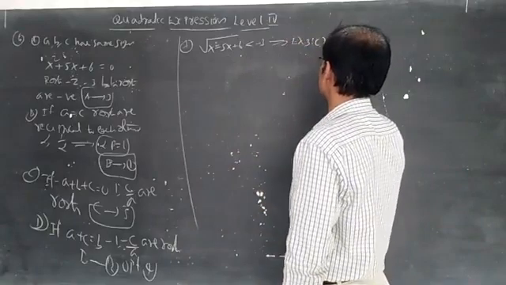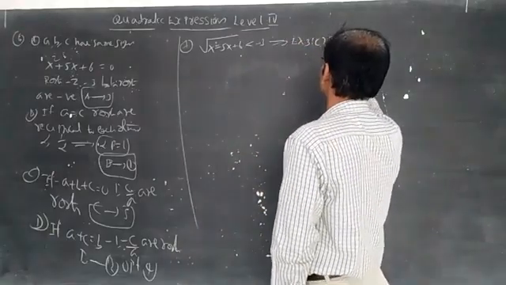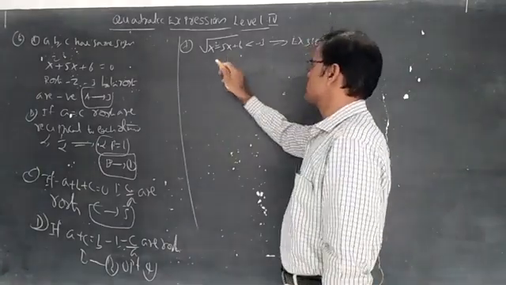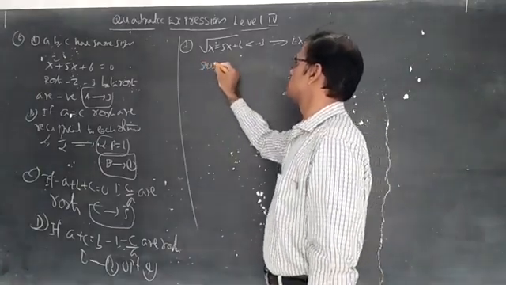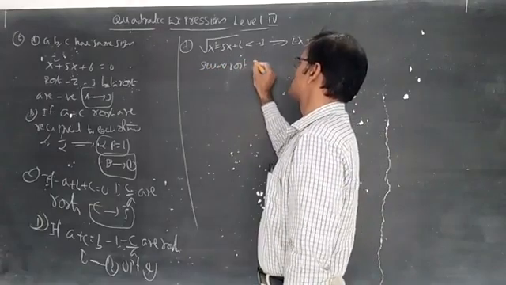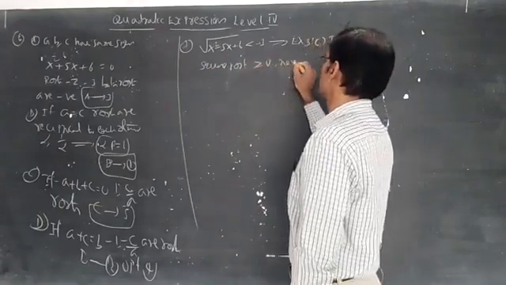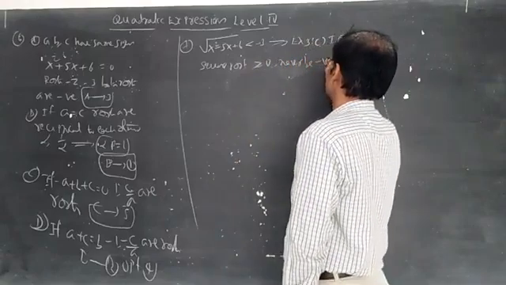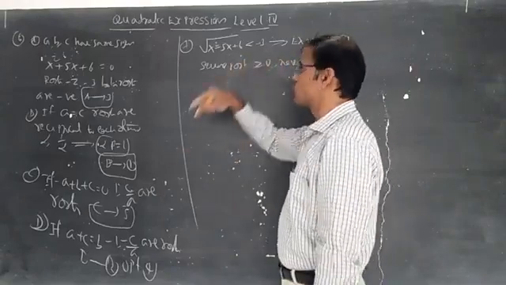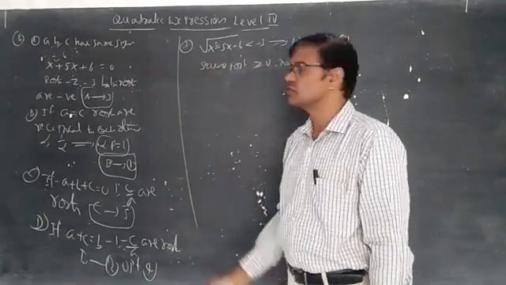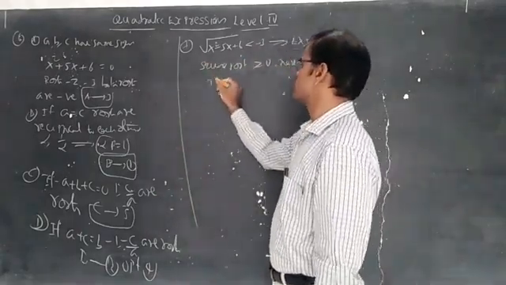In exercise 3C, Roman number 1, first question is there. There is no answer for the question because every square root is greater than or equal to 0, never negative. That implies there is no question of less than minus 3 whenever the root exists. So it has no solution.